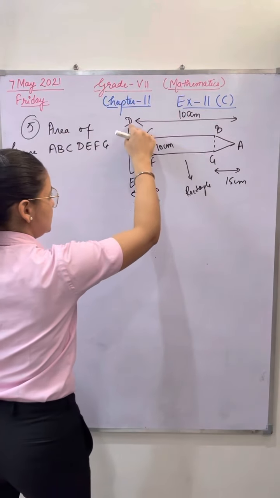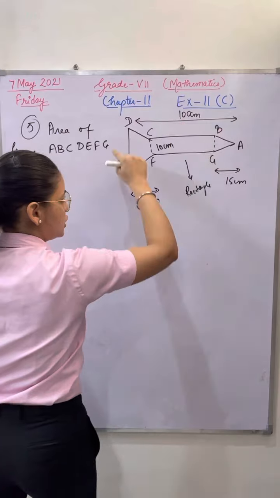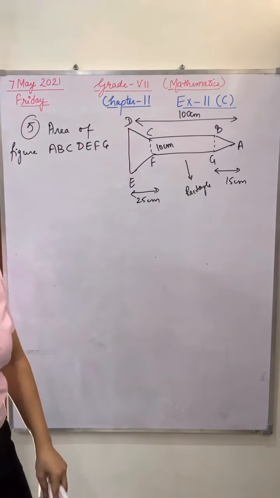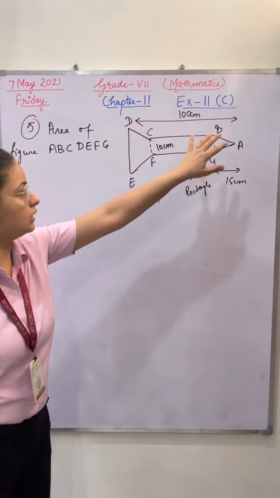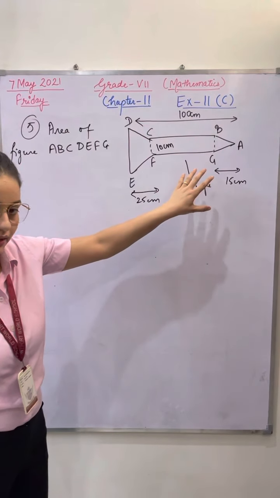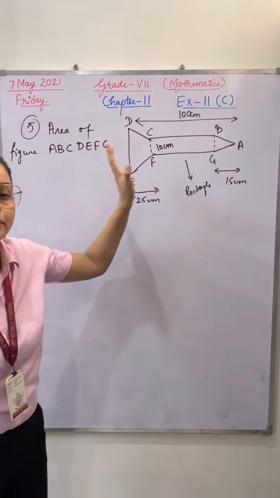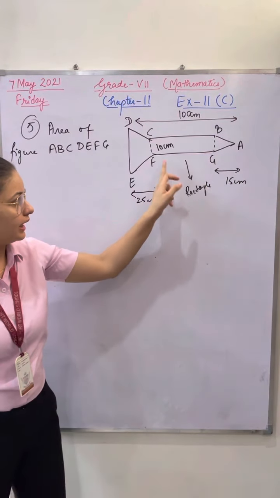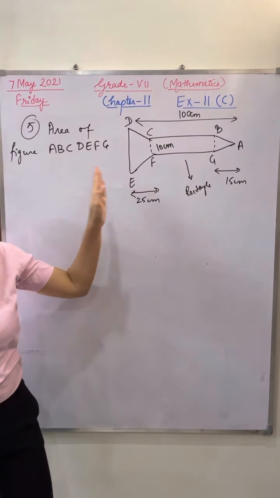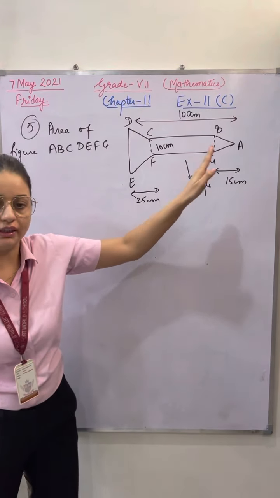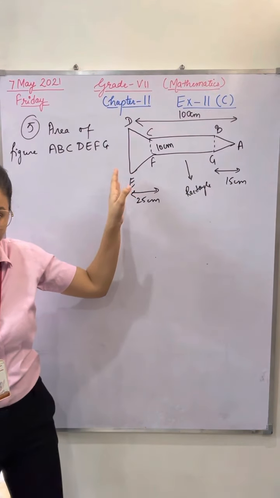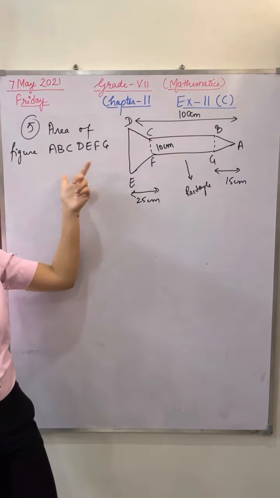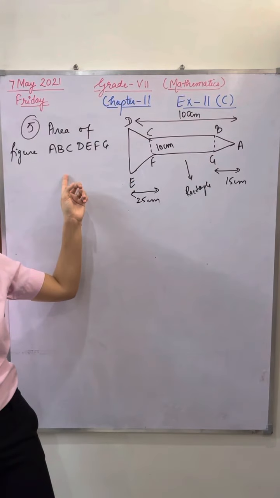You don't know the name of this complete shape, but this shape is a combination of different shapes. This is a triangle, this is rectangle, this is trapezium. So take out the areas one by one of all these three shapes. Yes, Avika, correct. And then add the areas and take out the answer.